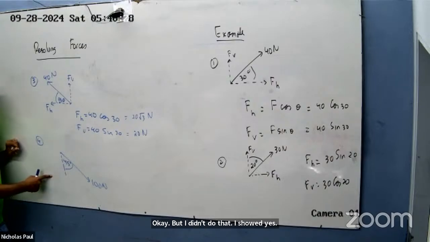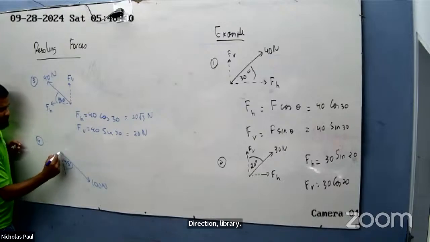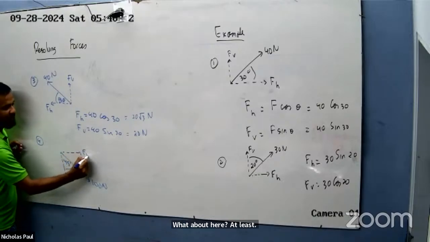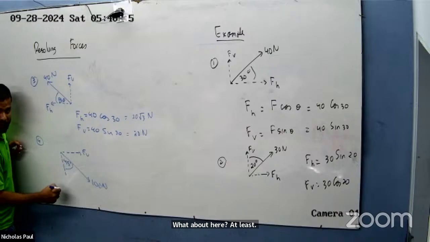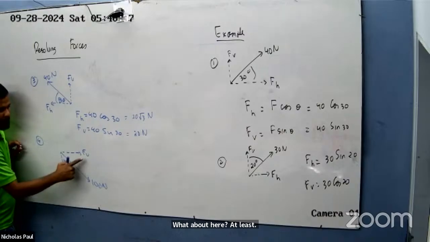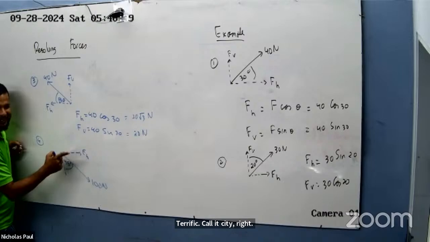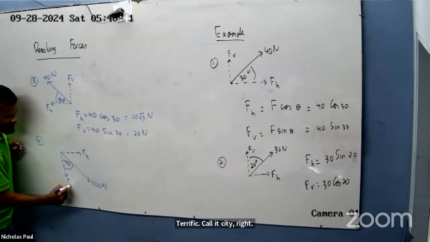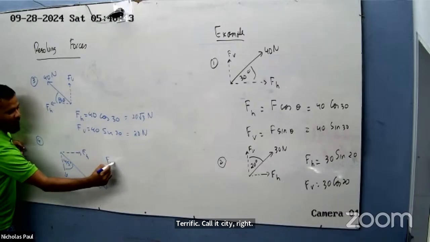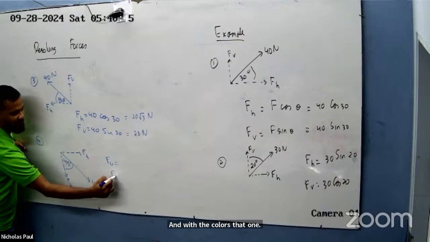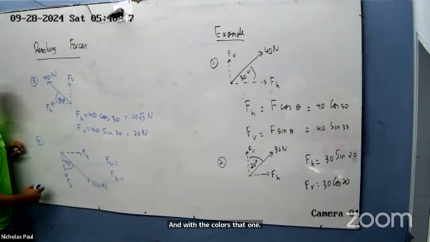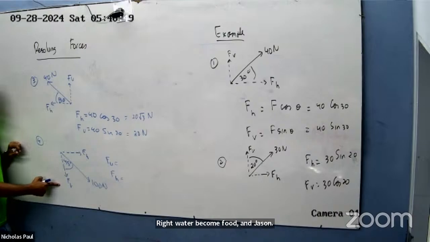What about here? The horizontal is to the right and the vertical is downward, right? Which of the components is adjacent? Vertical, right? So the vertical component is adjacent.